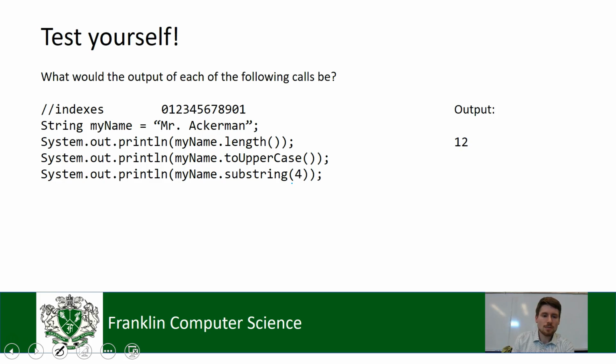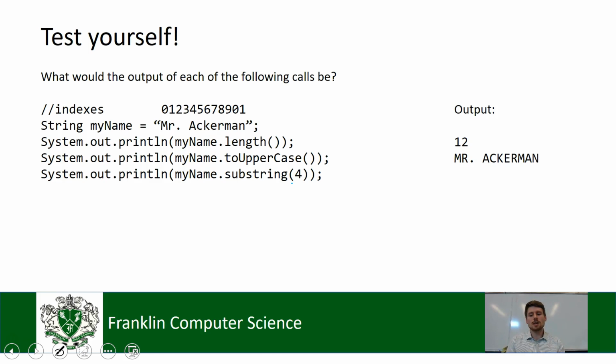So if we counted normally, we would say 1 through 12, and we would end at 12 characters. That last index is actually 1 less than the number of characters. If you counted out Mr, dot, space, and so on, you get 12 characters. So it's a little bit tricky.